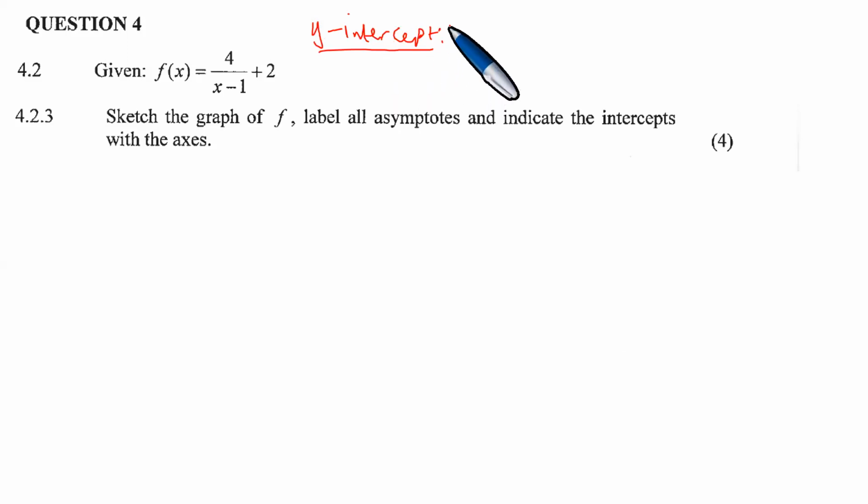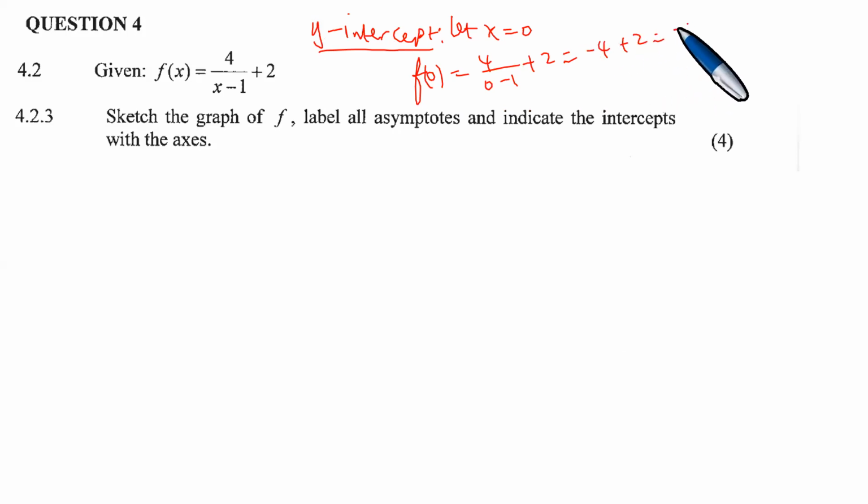So you need to let x be 0 here. Zero minus 1 plus 2, which is minus 4 plus 2, which is minus 2. When x is 0, y becomes minus 2.